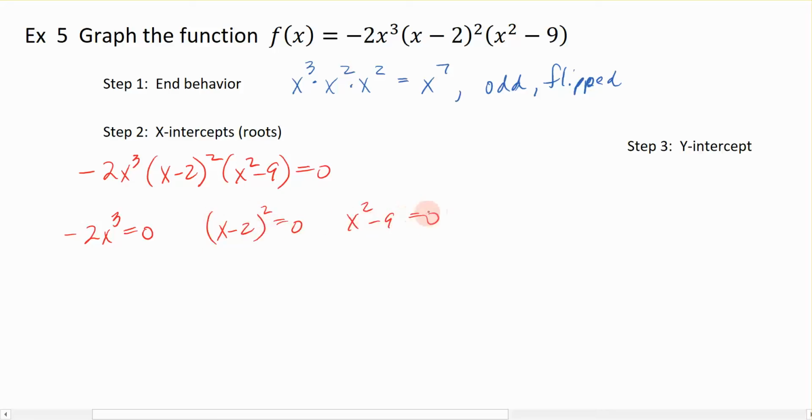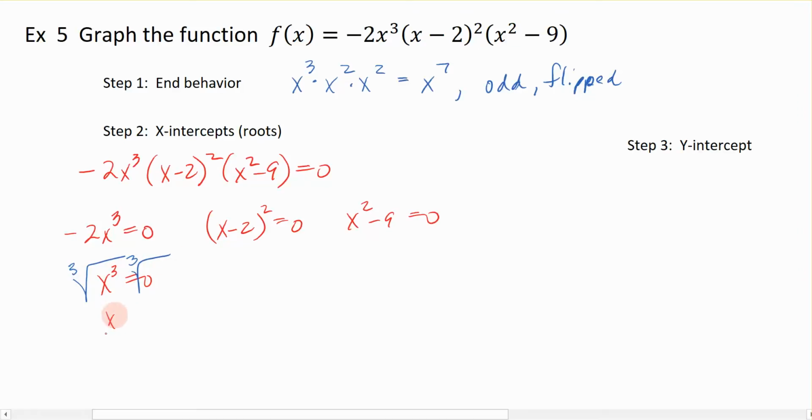Starting on the left-hand side, when I divide both sides by negative 2, I end up with x cubed equals 0, and if I take the cube root of both sides, that gives me x equals 0.